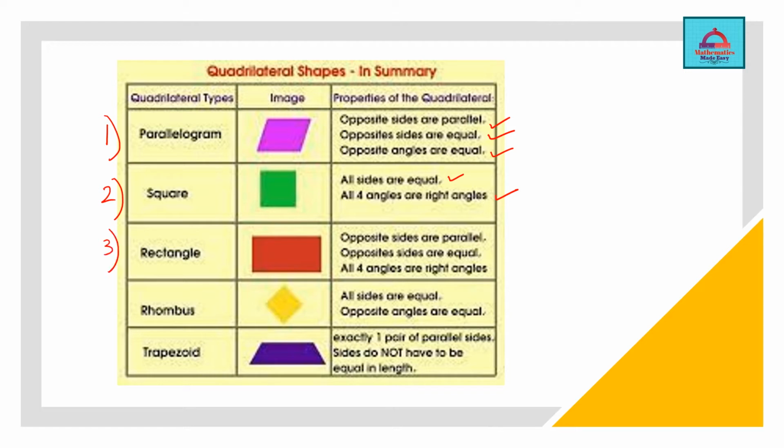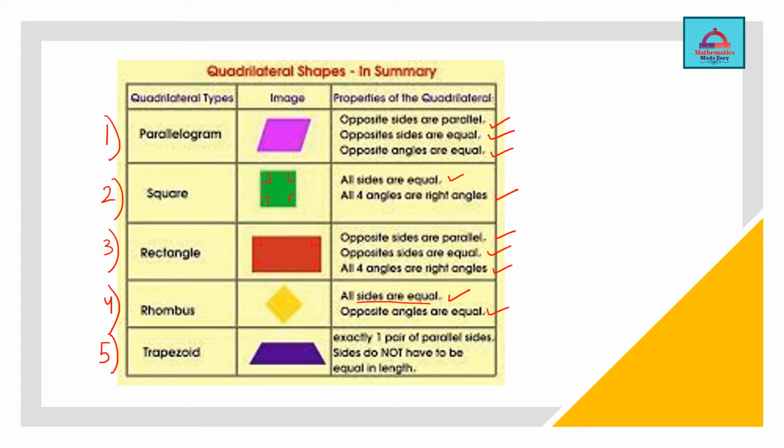If it is a rectangle, opposite sides are parallel and equal because it's like a parallelogram, but all angles are as well 90. So if you look at the corners, all these corners are 90 degrees for a square and for a rectangle. Then comes rhombus, which is like a parallelogram with all sides equal and opposite angles equal as well.